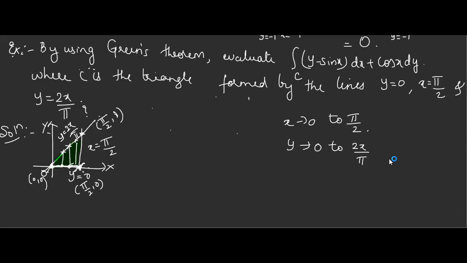Bounded by C, x varies from 0 to pi by 2 and y varies from 0 to 2x upon pi. So let us apply Green's theorem.